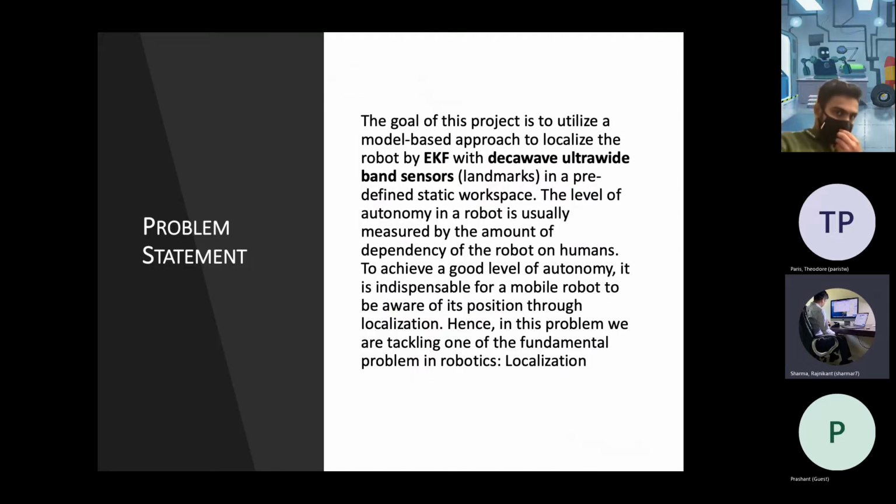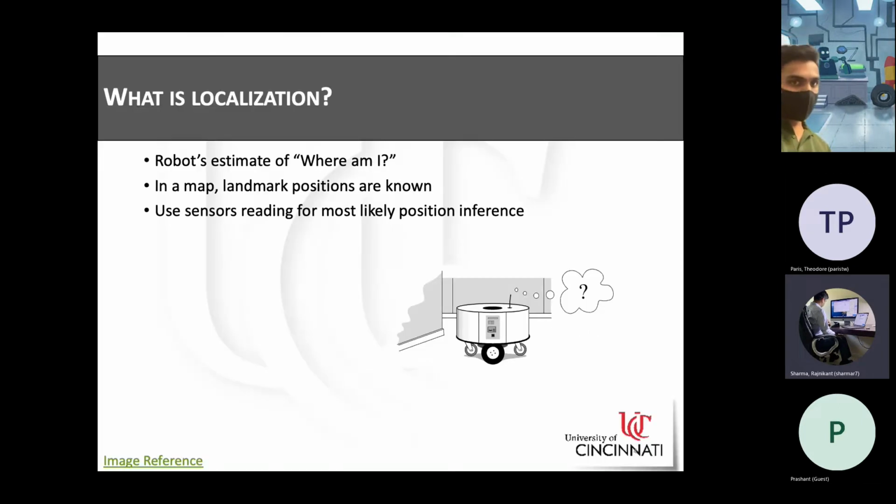So this is the problem statement. The main goal of the project is to localize a robot using EKF and Decawave ultra-wideband sensors. When we think of a robot, the first thing that comes to our mind is autonomy. For a robot to be autonomous, it has to be aware of its location. That's where localization comes in.